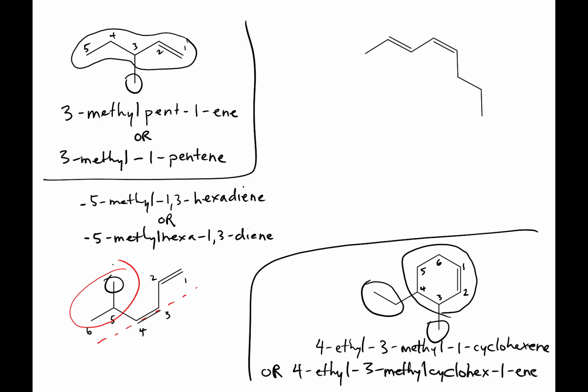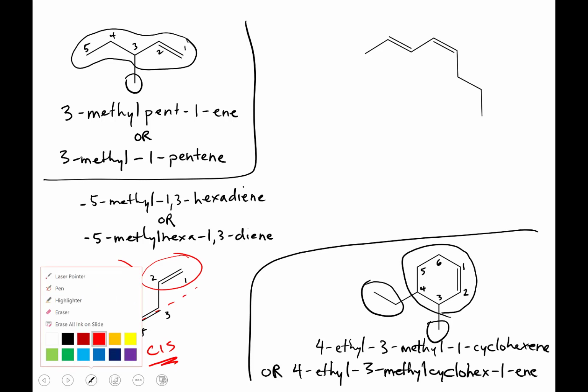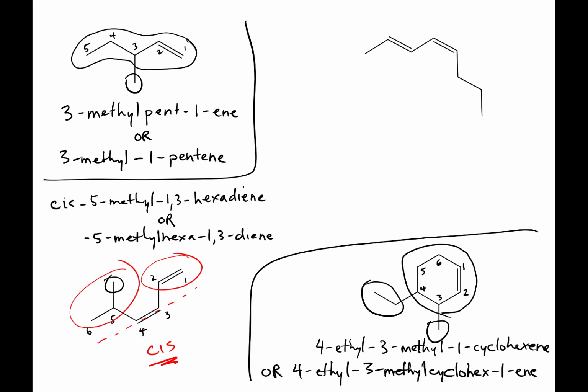And I want you to see that this stuff out here and all this stuff out here are both on the same side of that line, right? They are on the same side of that line. So for that reason, this double bond is a cis double bond, okay? And for that reason, we go back here and need to write cis out front. So this is a cis double bond.